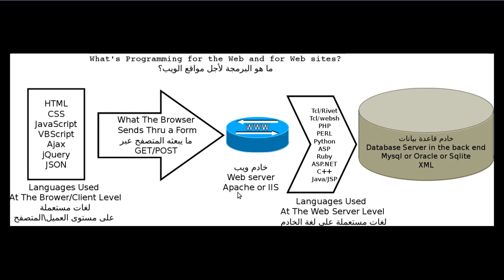Okay, it can be Apache web server, which is free open source software, and you have IIS, Internet Information Server, which is Microsoft made software, and it's closed source, of course, because it's from Microsoft.